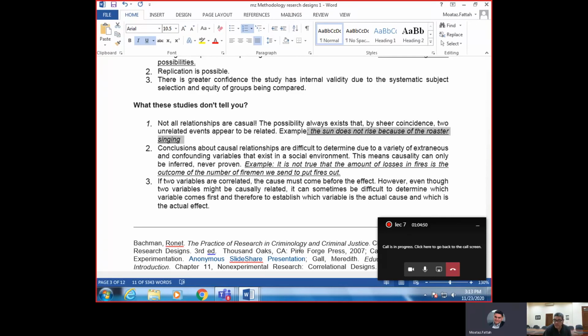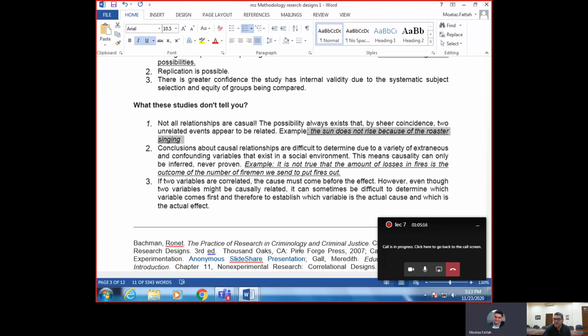Why? Because there is another thing that has not been included in the model, which is the size of the fire. The size of the fire makes the losses more if it is a huge fire, and makes us send more firemen. So actually both of them are dependent on the size of the fire. The size of the fire is the independent variable.